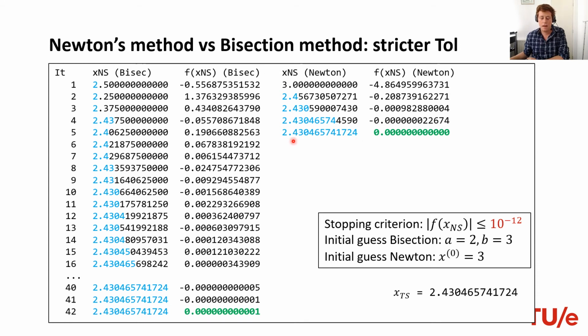I only printed out the first 12 or 13 numbers behind the decimal point, but this is already completely accurate. And we actually see that f evaluated at this is 0. This is actually the exact solution to the problem, in floating point precision at least.